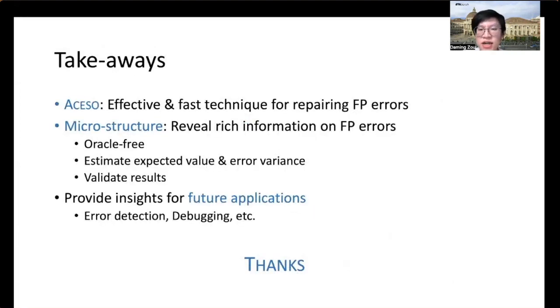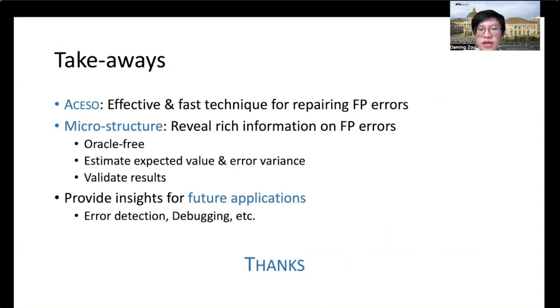In this final slide, we conclude several takeaways for this talk. First, we propose SSO, which is an effective and fast technique for repairing floating point errors. Second, we discovered that floating point errors have microstructures, which reveal rich information on the floating point errors. Leveraging microstructure brings several advantages.